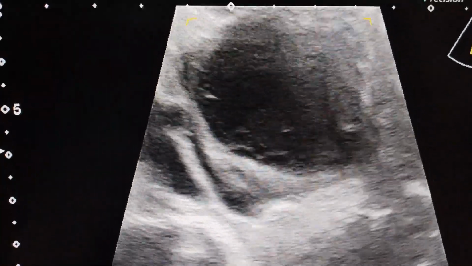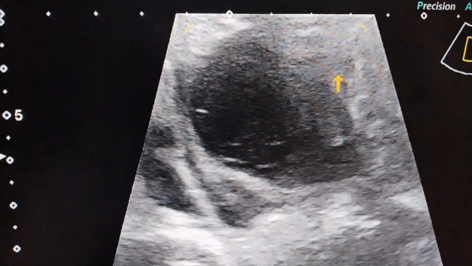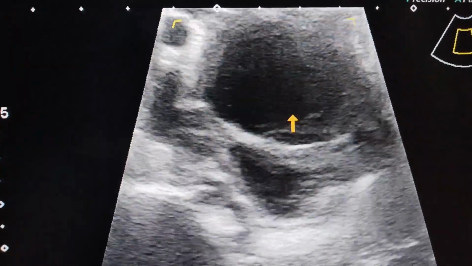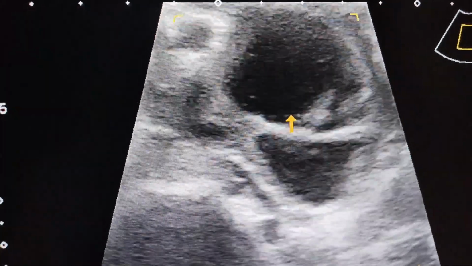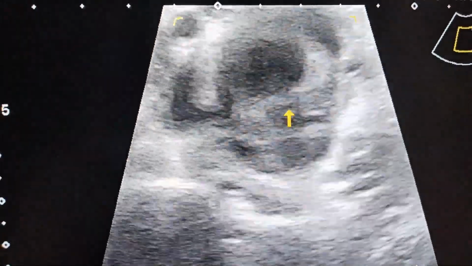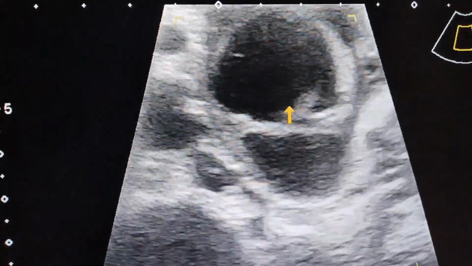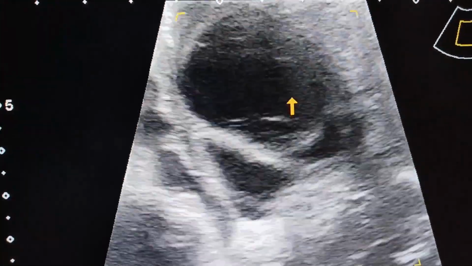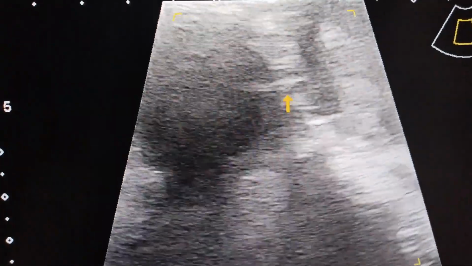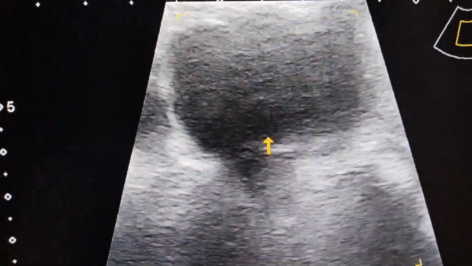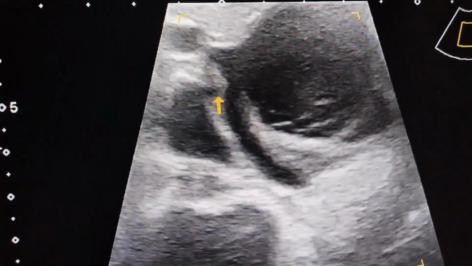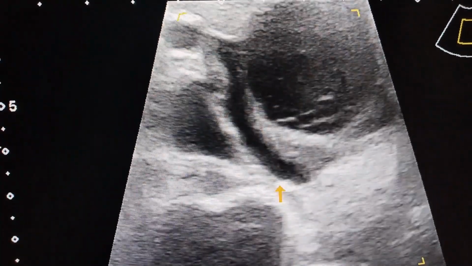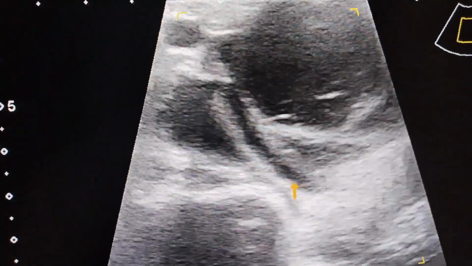When we appreciate a cyst or lesion, we should also scan to search the ovary, whether it is a para-ovarian, peri-ovarian, adnexal, parapelvic, or ovarian cyst. So we can appreciate this fluid which has a crescent shape.